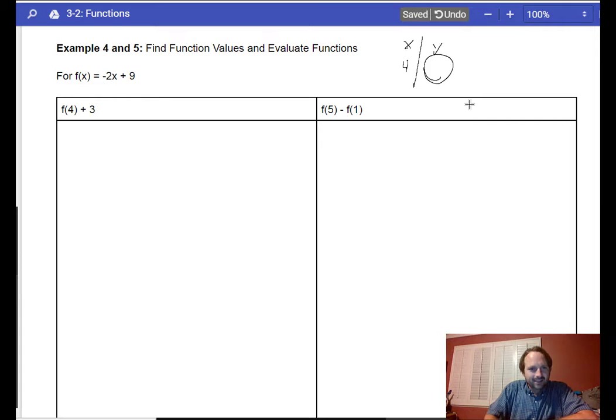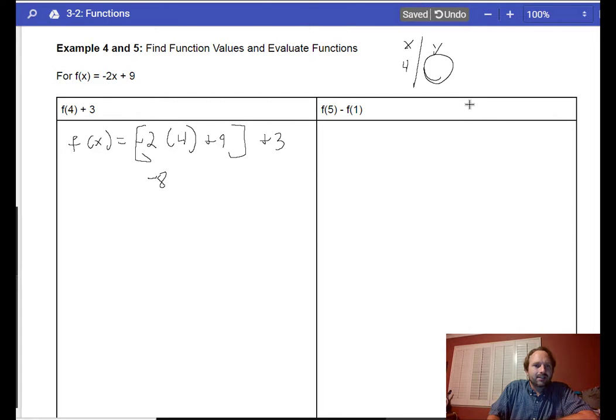Fine, I'll do that. So f of x is equal to negative 2, and then we have this 4 right here. We're substituting 4. And then we have plus 9. And now we're going to add 3. Negative 2 times 4 is negative 8 plus 9, and then we still have this plus 3.